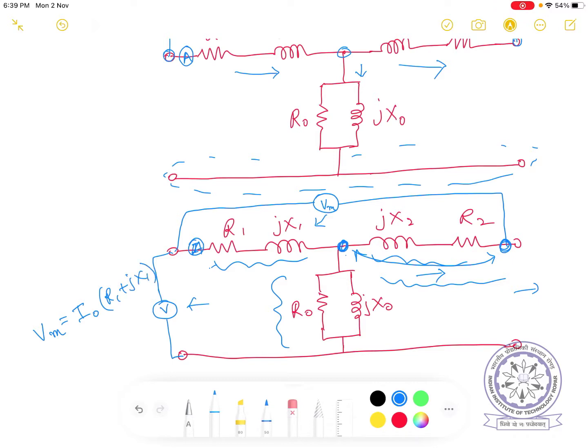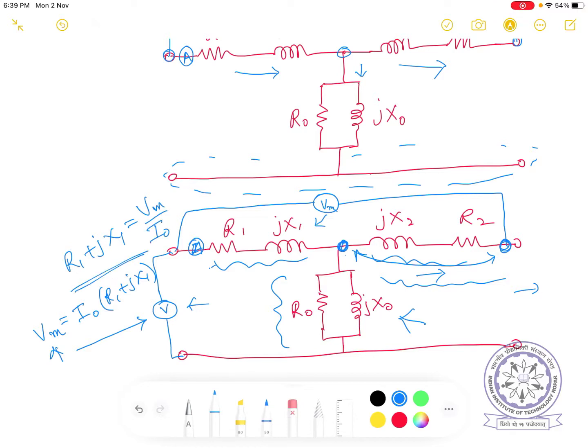So from the voltmeter reading and ammeter reading, please remember, this is not the voltage source voltage. If you use the voltage source voltage, then you will get this branch, not the voltage of this one. So using these, now R1 plus jX1 can be obtained by Vm by I0.